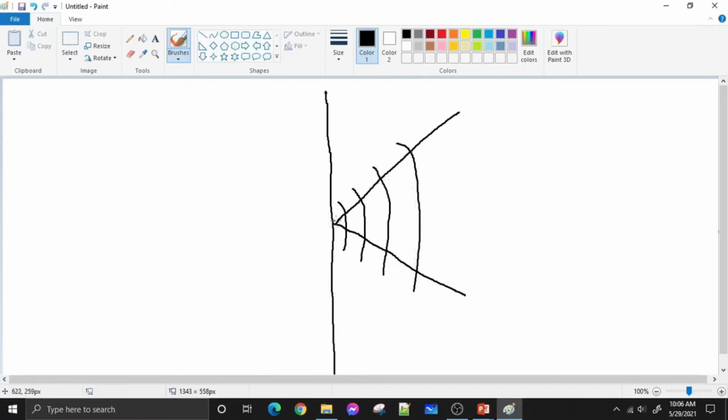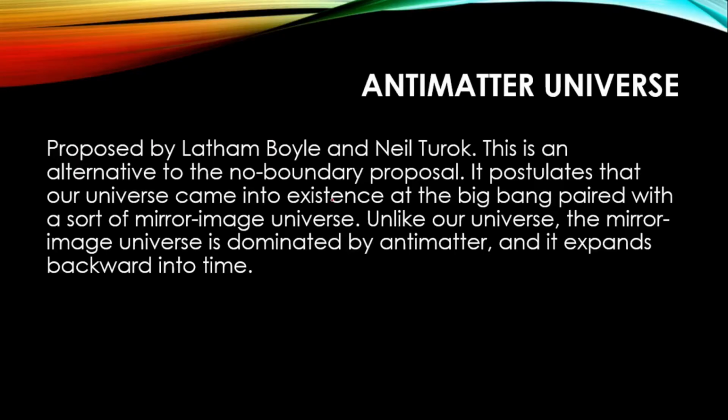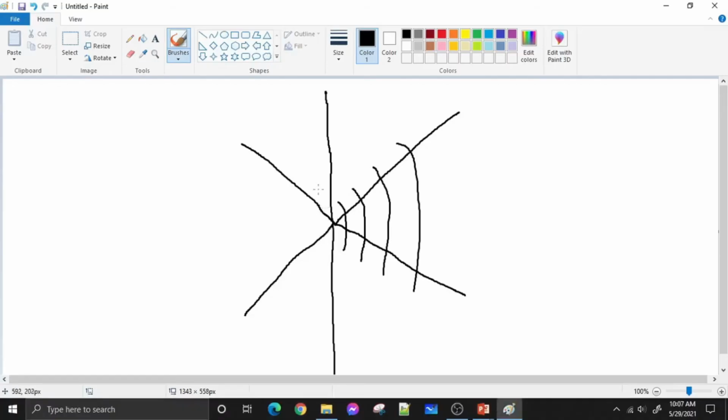And then at the same time, on the other side of that imaginary line from the singularity, we have another expanding antimatter, which is equivalent to the expanding rate of our universe. But these are purely antimatter. So it's like a separation of matter and antimatter.